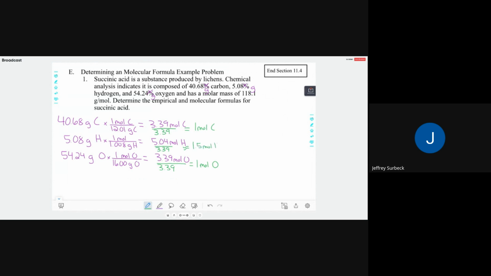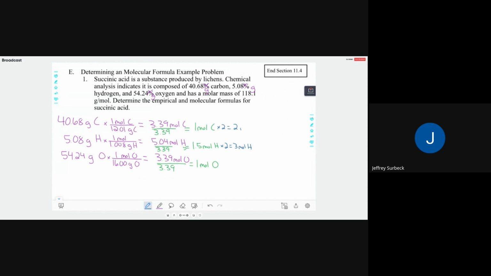And so we have to do a similar thing to get everything as a whole number. What do we need to multiply by? Yep. So we end up, and we have to multiply by 2 so that we get 3 moles of H. But what we do to one thing, we have to do to everything else.